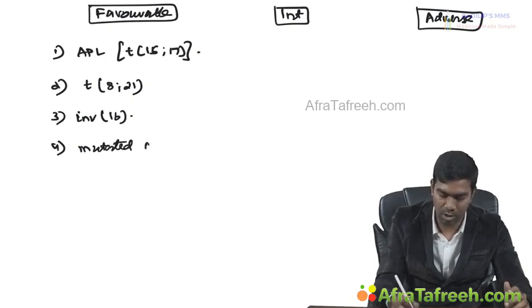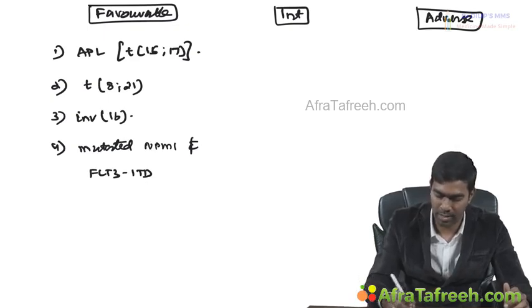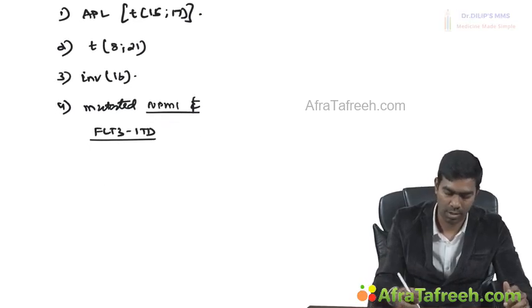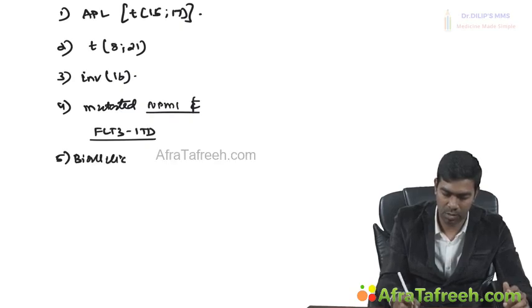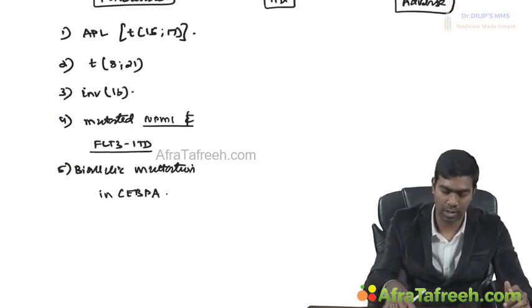mutated NPM1, but without a mutation called FLT3-ITD mutations. So this is not present, but without FLT3 ITD. But NPM1 is mutated. Number 5, you have something called biallelic mutation in CEBPA. This is a very important thing again.